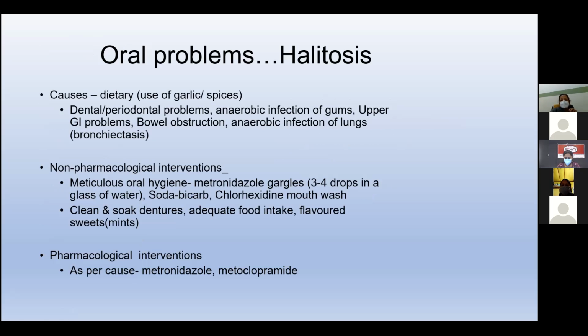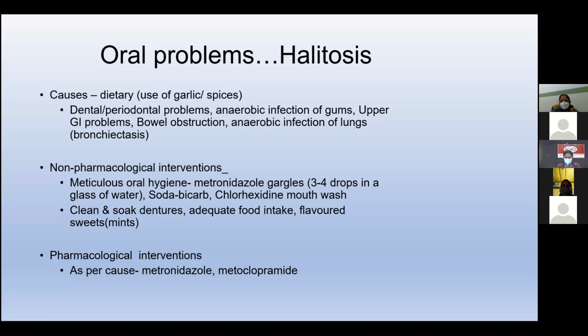In patients, there may be many problems. One most common is bad breath, or we name it halitosis. There can be causes like dietary, dry mouth, any oral conditions, infections, or if the patient is having some GI problem, or bowel obstruction and is vomiting stool, right?